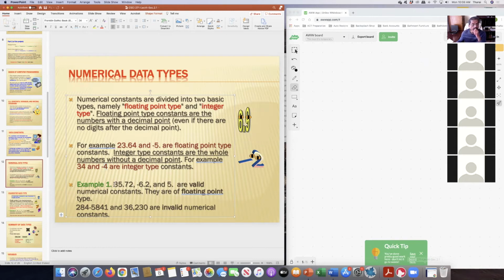Okay, so here's an example. There are questions in your homework, in that topic, about which ones are valid constants and what the types are, and you need to be able to identify all those. 35.72 is a valid numerical constant. It is float type. Minus 6.2 is float type. 5 point is float type.